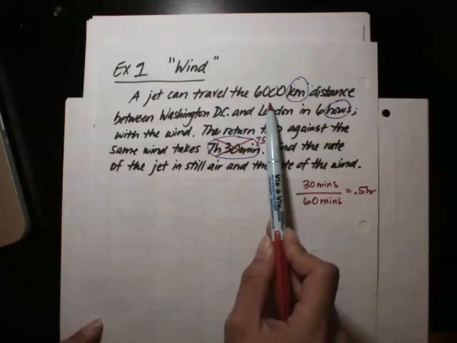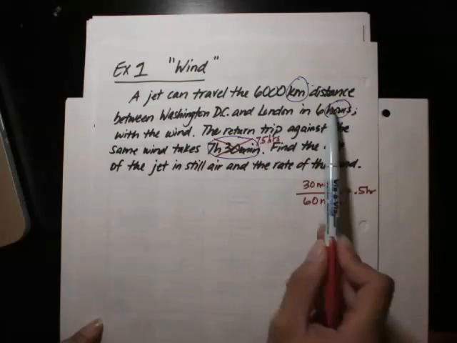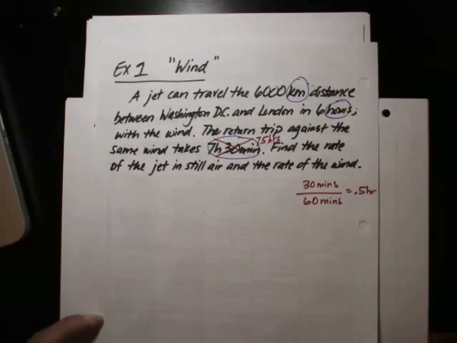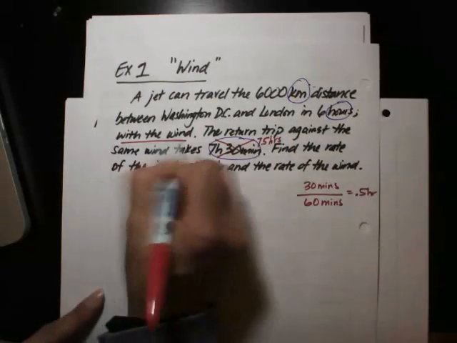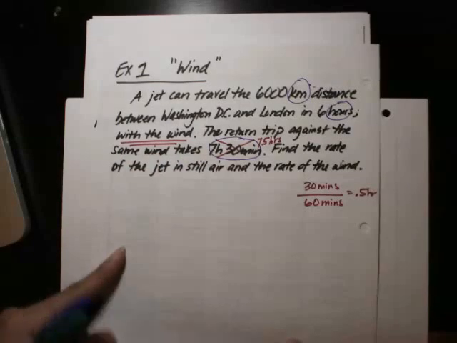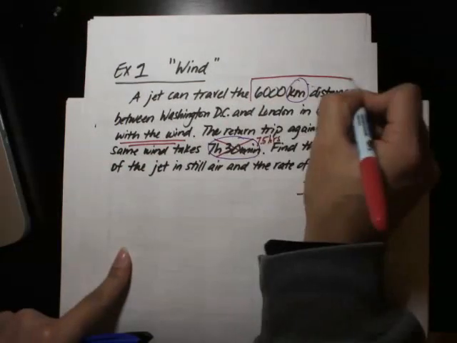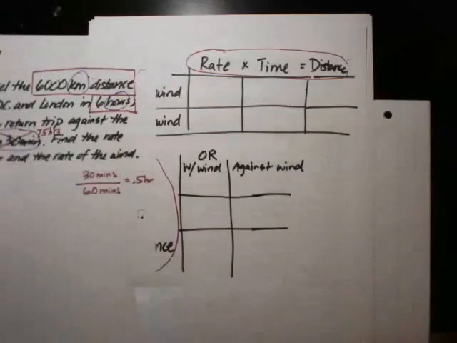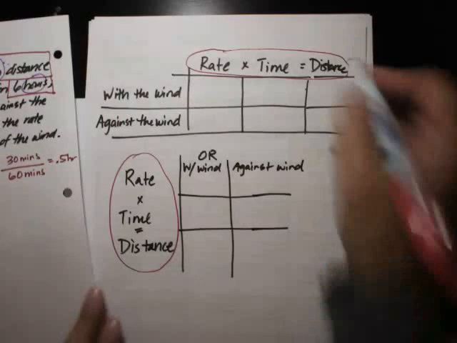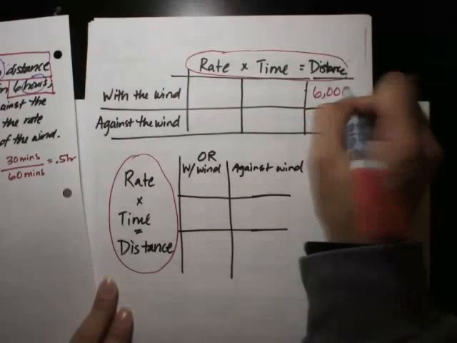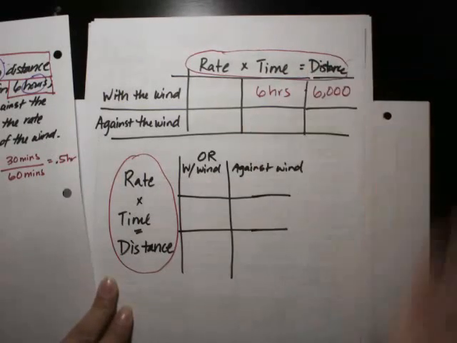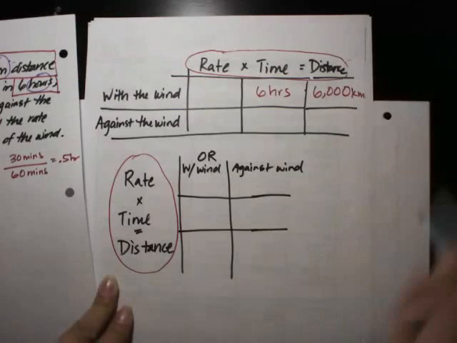First sentence says, a jet can travel the 6,000 kilometer distance between DC and London in 6 hours with the wind. Okay, so everything here is with the wind. Let's fill this in. You have 6,000 kilometers distance, and again with the wind, it's going to take 6 hours.